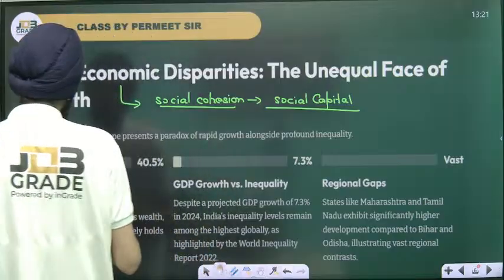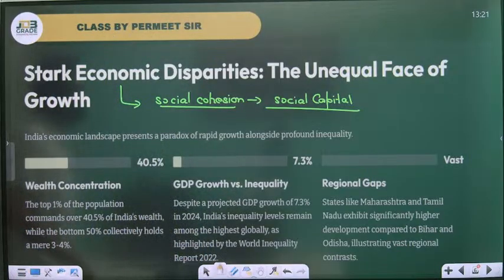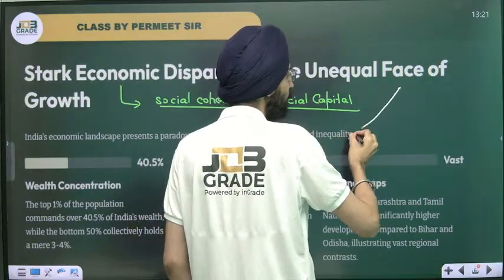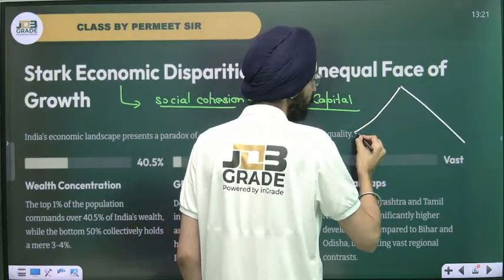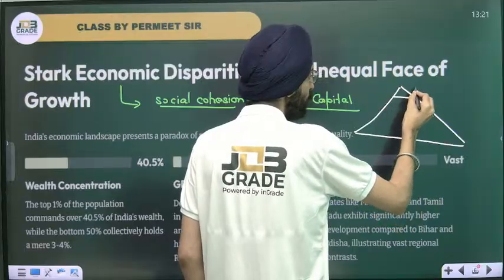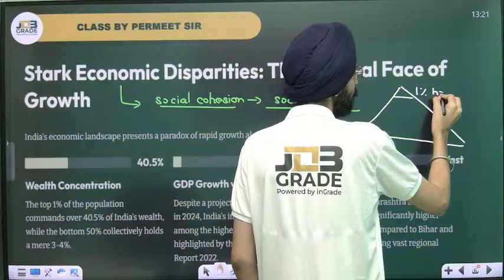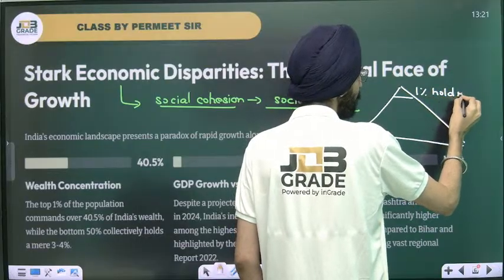The first is the wealth concentration, the top 1%. If you look at the pyramid, the top 1% hold the maximum wealth.